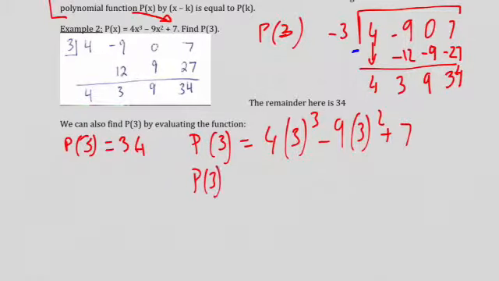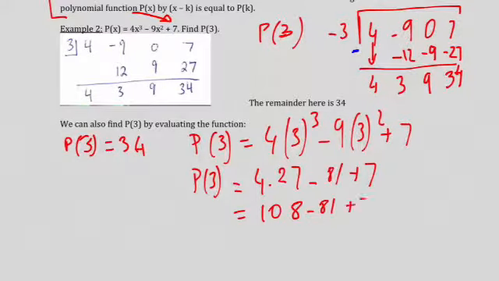P of 3 is going to be equal to 4 times 27 minus 81 plus 7. 4 times 27 is 108. 108 minus 81 is going to be 27, plus 7, and we end up with 34. That's another way to calculate P of 3.